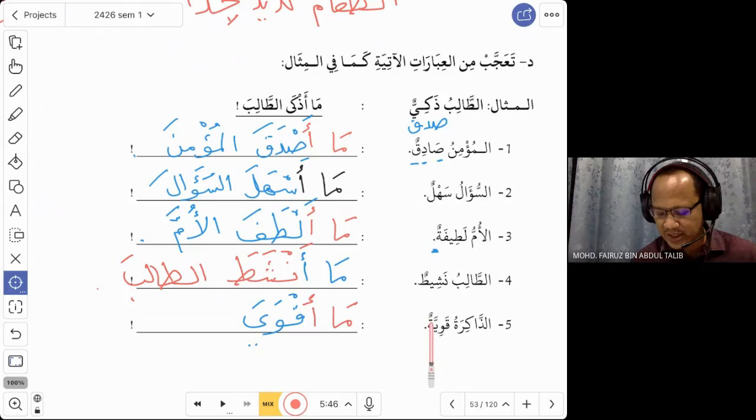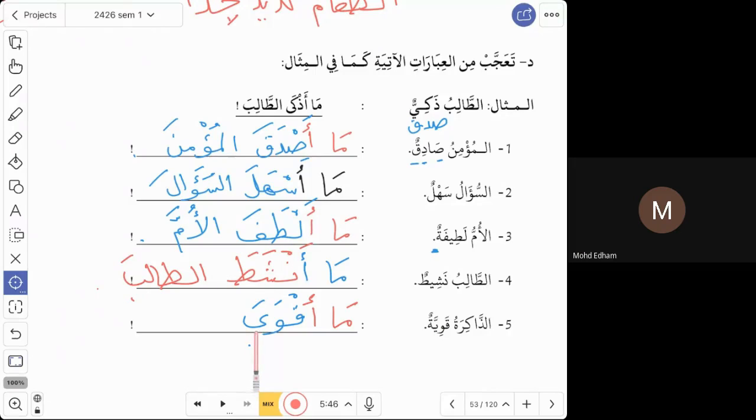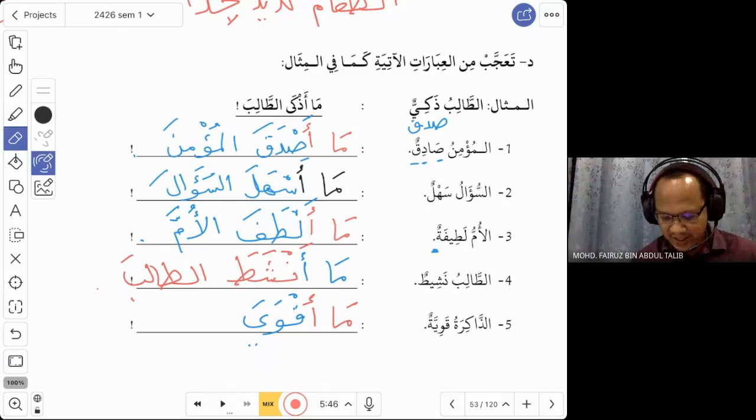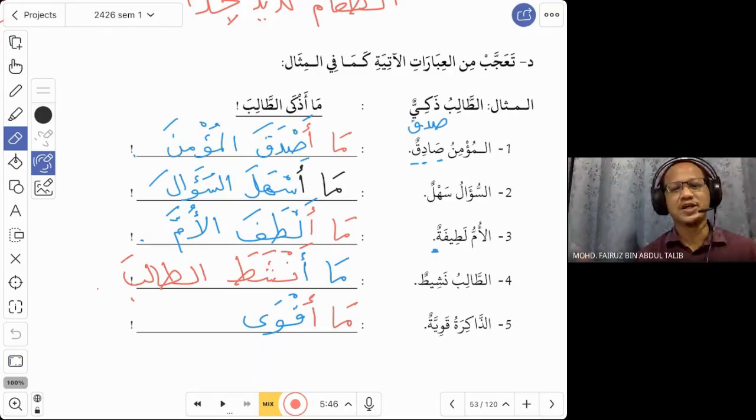Of course, you can ignore this ta because this is for muannas. Since Zakira is muannas, that is why you have qawiyya. But the word itself is just qawi. It ends with ya, similar to the example Zaki. So what happens to this ya? Replace it with alif. So we don't say akwaya anymore. You just say aqwa. That's all.